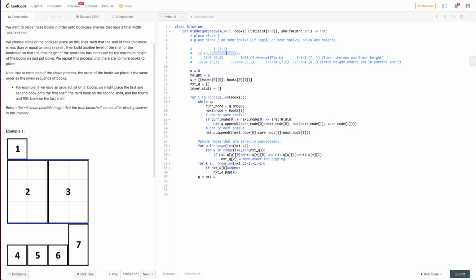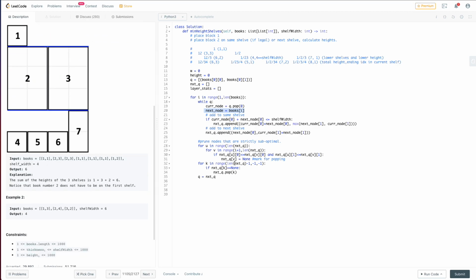So in this case, let's say we end it here, then this Q is this, and then current node will be this, and then next node will be the second node.